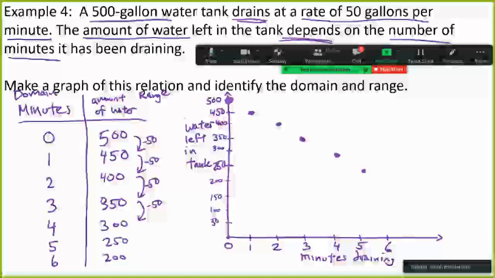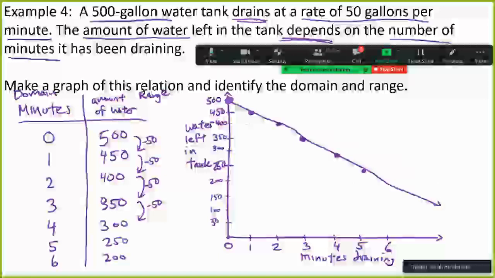No, right? It's like a continuous stream and it's losing like 1 ounce at a time or 1 drop at a time really fast. So technically, even though we figured out just these points, we figured out the minutes and how much water at that minute, it's really going constantly. It's going continuously.